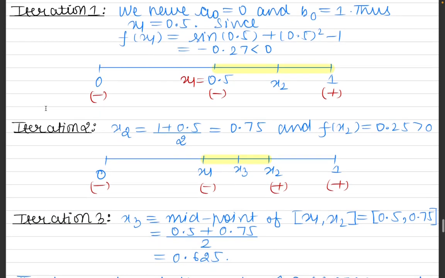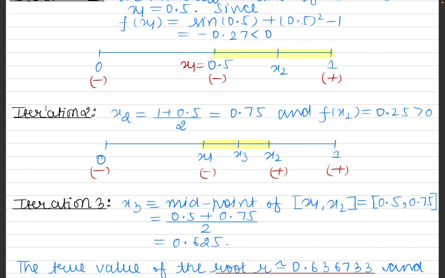So you draw the picture again: x1, x2, 1, with negative, negative, positive, positive. Again by the intermediate value theorem, the root will lie in this interval. So now we need to compute the third iteration. Here you will have your x3.